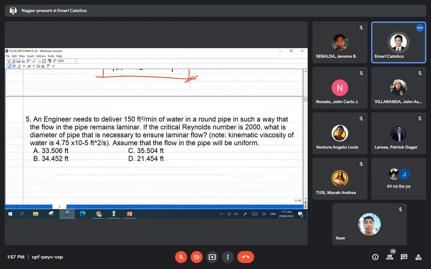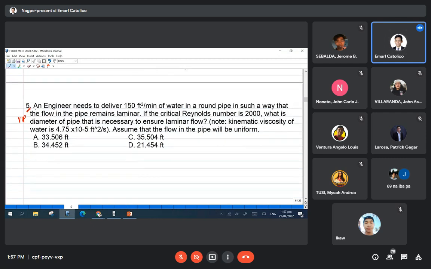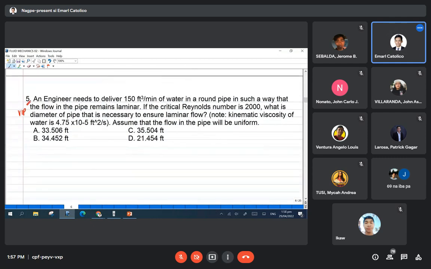So ito, nasa ano ata to? PIP. Parang palagi ata siyang lumalabas sa board exam. Ilagyan niyo ng PIP. Okay, so number 5, an engineer needs to deliver 150 cubic feet per minute of water in a round pipe in such a way that the flow in the pipe remains laminar.